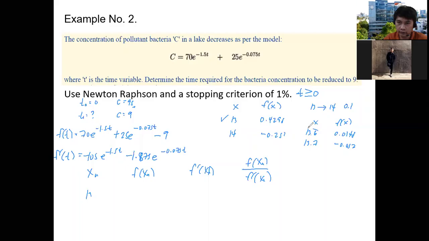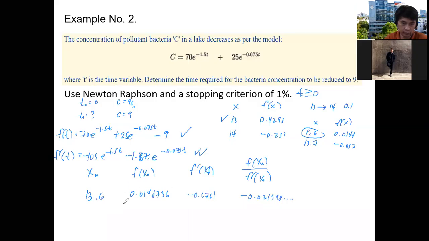So for the initial guess, we can select this 13.6. So this one, 0.0148736. Of course, to obtain this, just substitute this 13.6 to this f of t. To obtain the third column, substitute this 13.6 to f prime of t. To obtain the last column, just simply divide these two, no? So this gives us 0.021998.